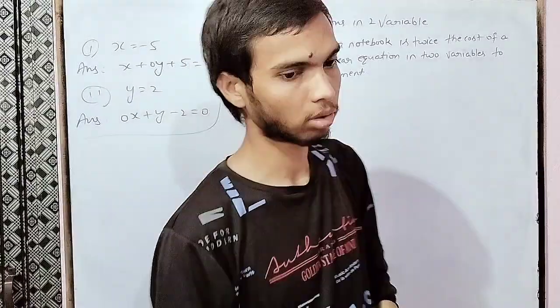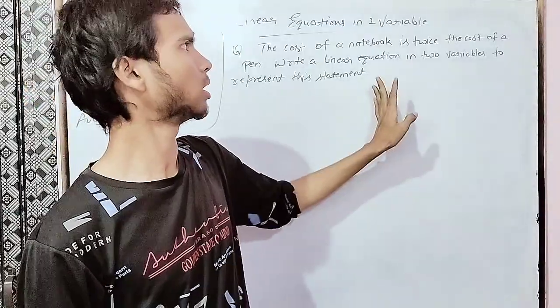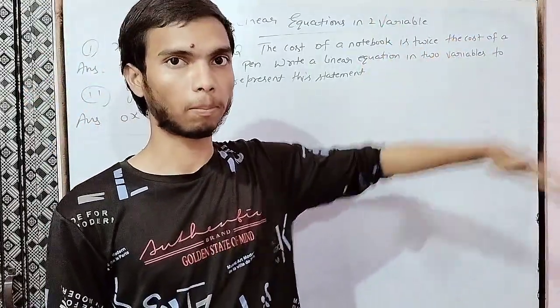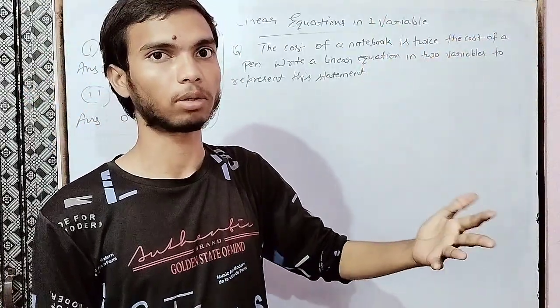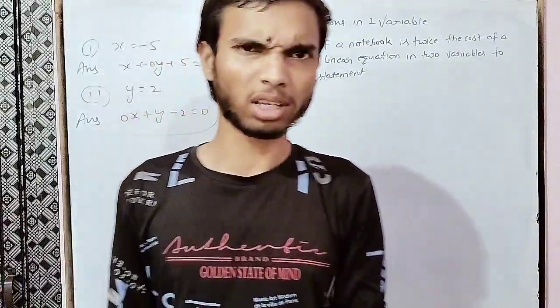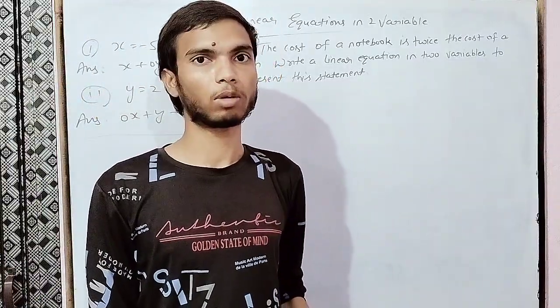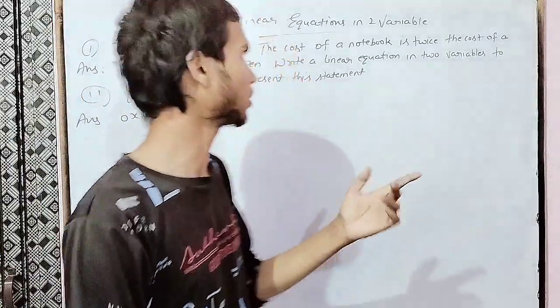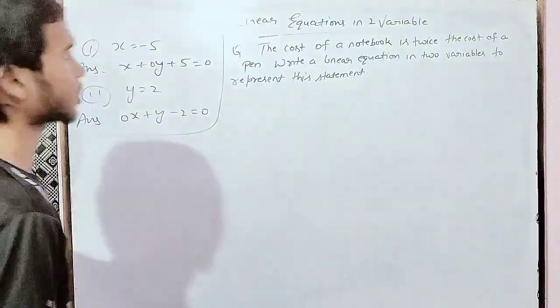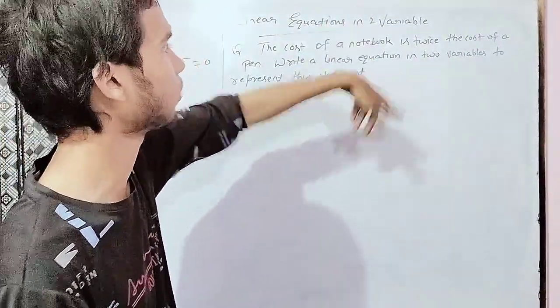It is saying that the cost of a notebook is twice the price of a pen. So let's say the price of the notebook is 5, then the pen would be how much? 2 multiplied by 5. Write a linear equation, and we are going to convert this into a linear equation in two variables.